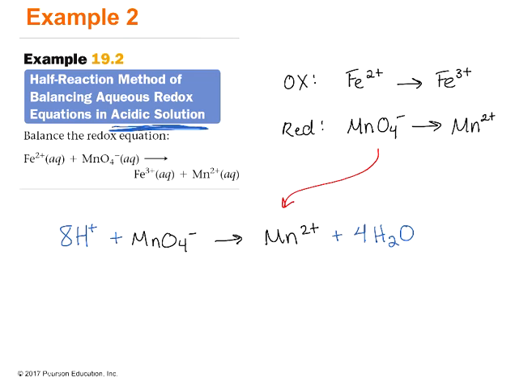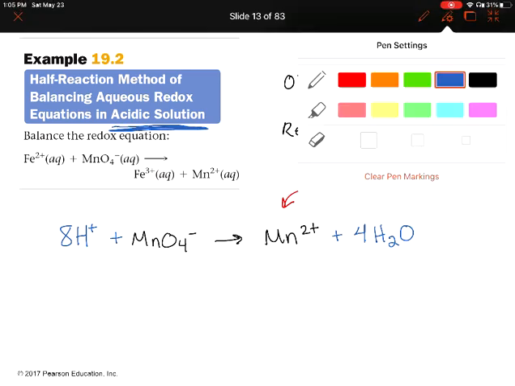Okay. So now in the next step, we need to figure out how many electrons are lost or gained in both of our half reactions. So let's start with the reduction reaction that we just balanced. Let's add up the charges on both sides.